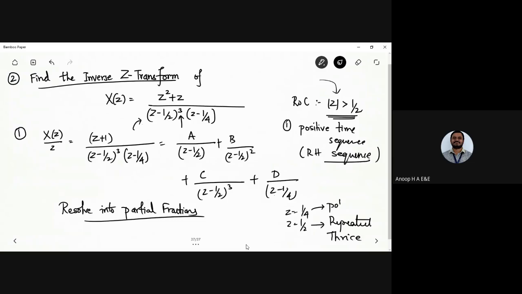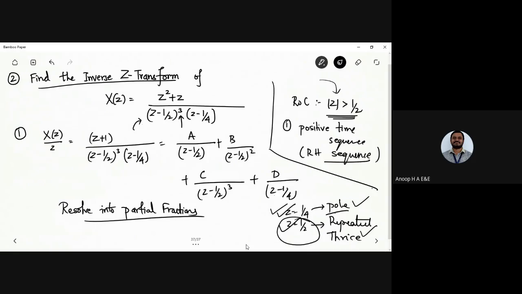So z equals 1/2 is repeated thrice and z equals 1/4 is one pole. The resultant will be a positive time sequence depending on the ROC mentioned, and x of z should be resolved by the partial fraction method.